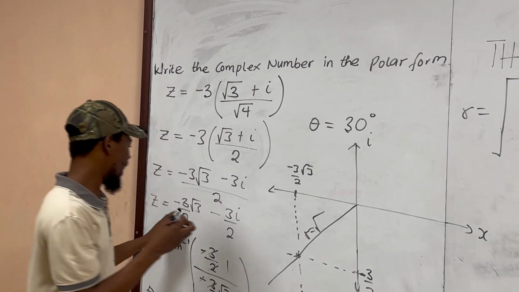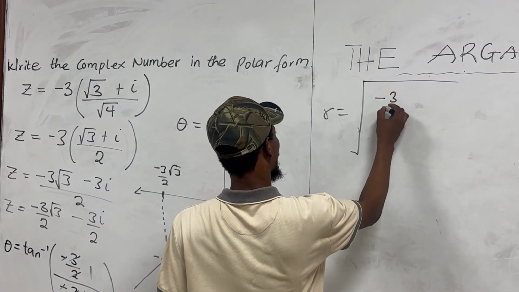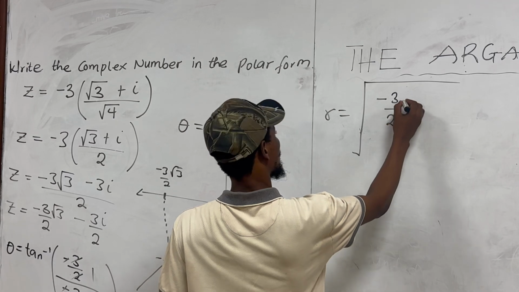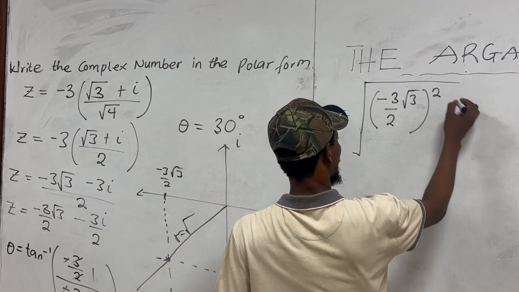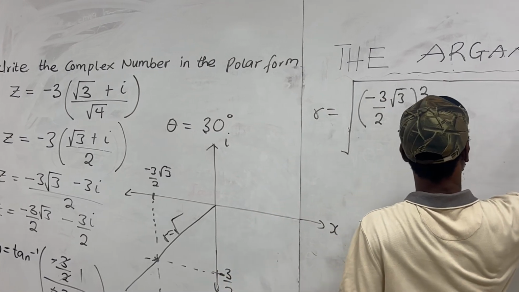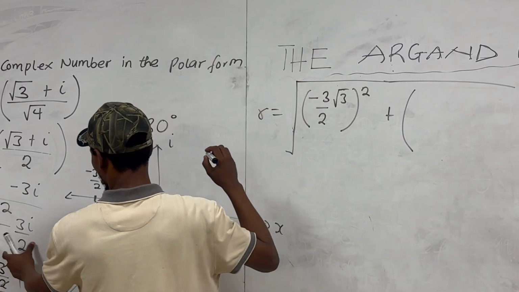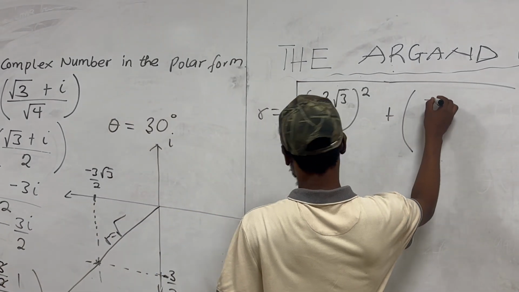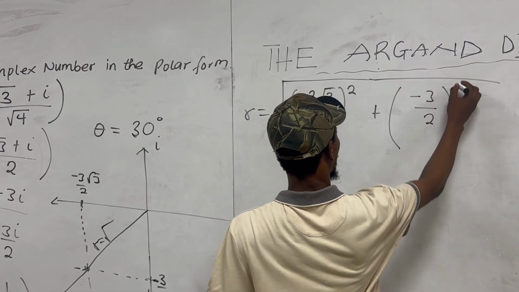So I have negative 3 on 2 root 3, all squared, plus the imaginary part, negative 3 on 2, all squared.